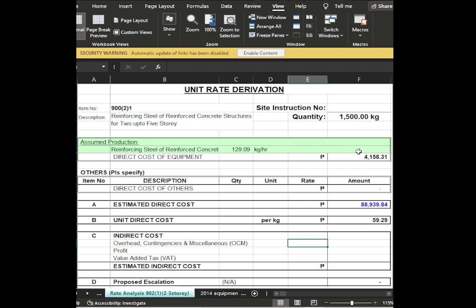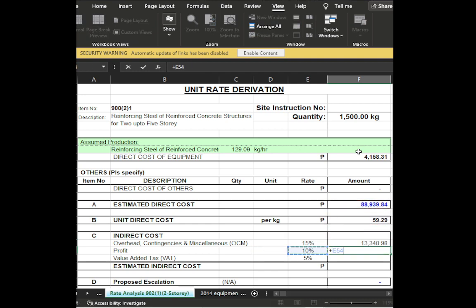We will get the indirect cost, which is 15% OCM, 10% profit, then 5% value added tax. So we will get 15% of the total, then 10% also, then 5% of the direct cost plus the overhead and profit, the value added tax, so that we can get the value added tax.